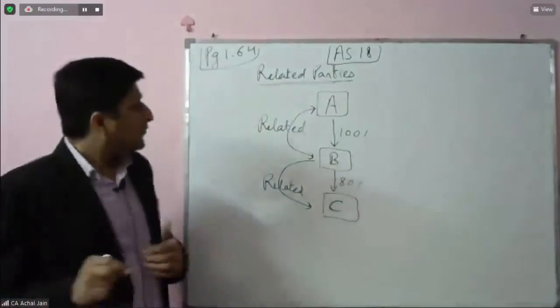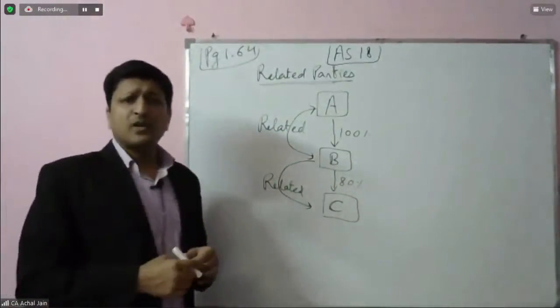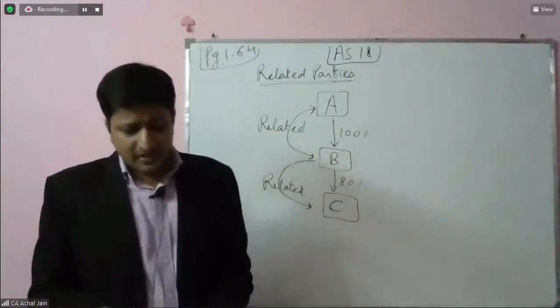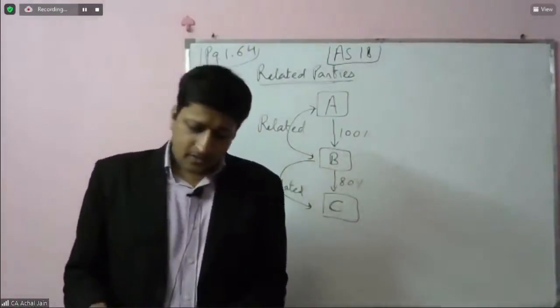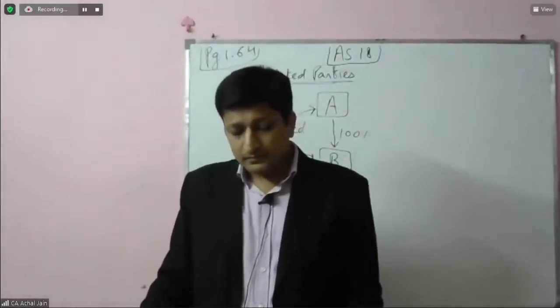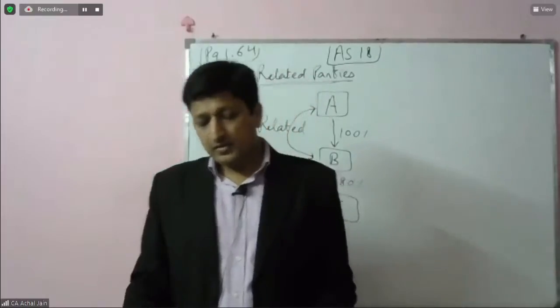Now, if we see A has got control over B, what does the control mean? Control means that A has got the power to control the composition of board of directors.